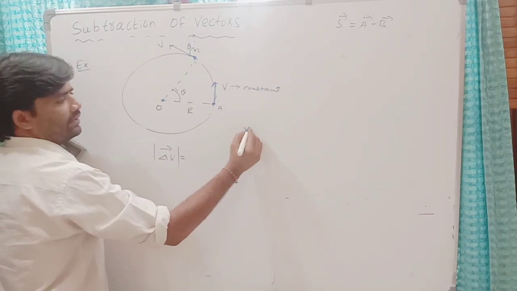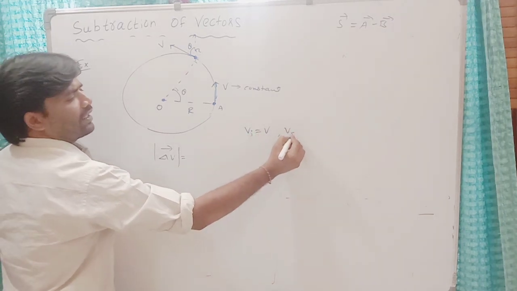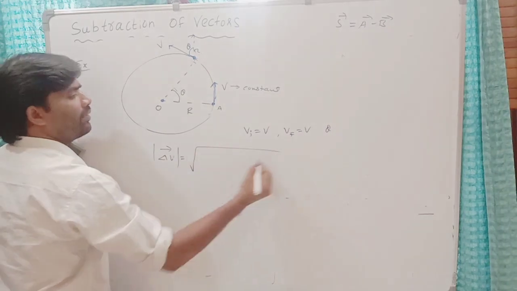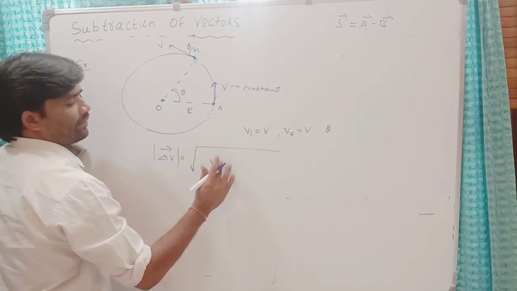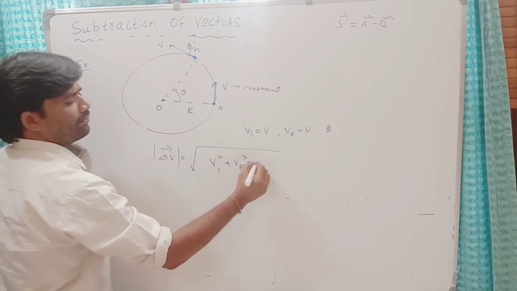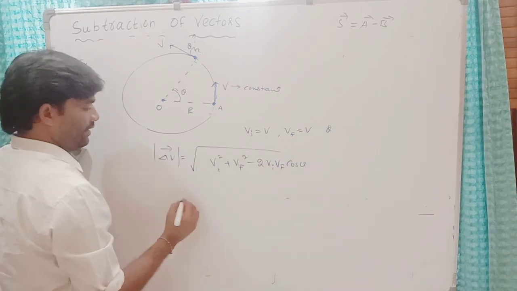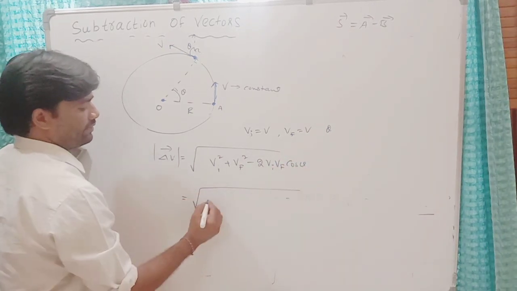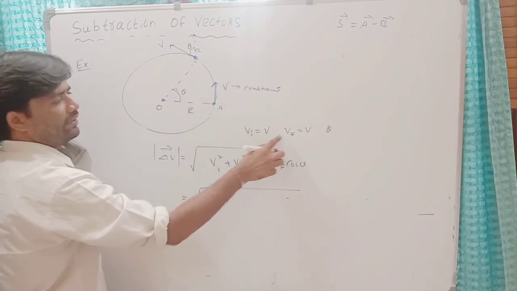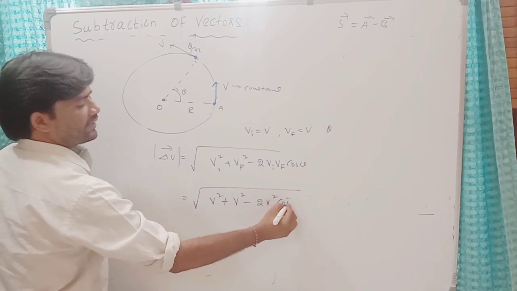The initial velocity is v in magnitude, final also v, angle between these two is theta. Now the formula is vi square plus vf square minus 2 vi vf cos theta. Here vi is v, vf is v, so it is v square plus v square minus 2v square cos theta.